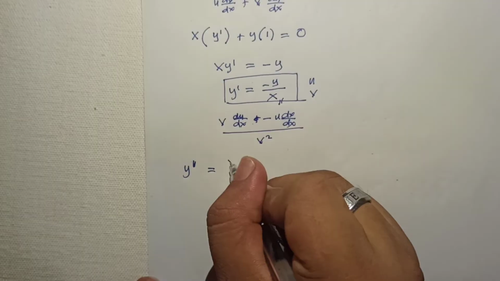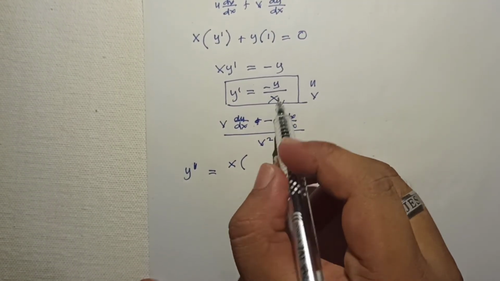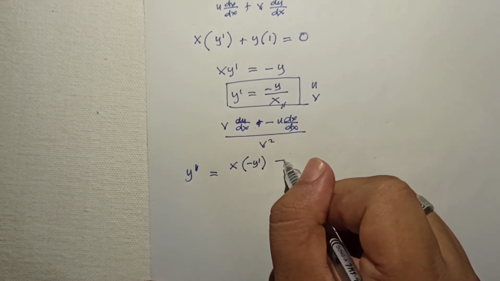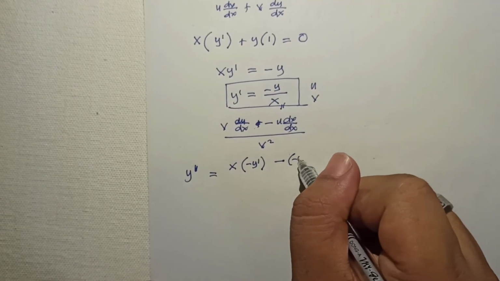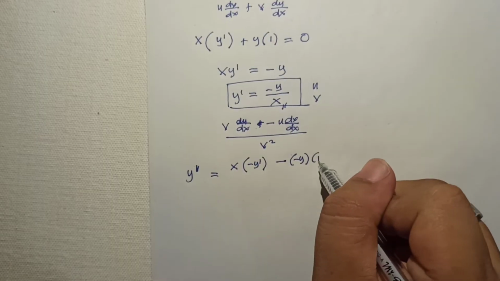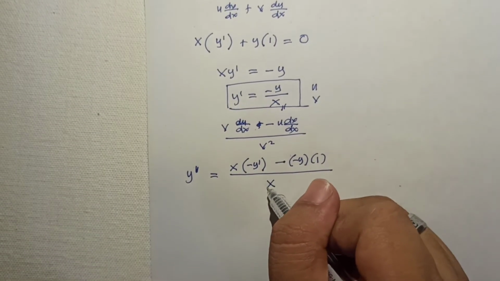The v here is x times the derivative of negative y, which is negative y prime, minus, what is our u? Our u here is negative y times the derivative of x, which is equal to 1, over the v squared, which is x squared.